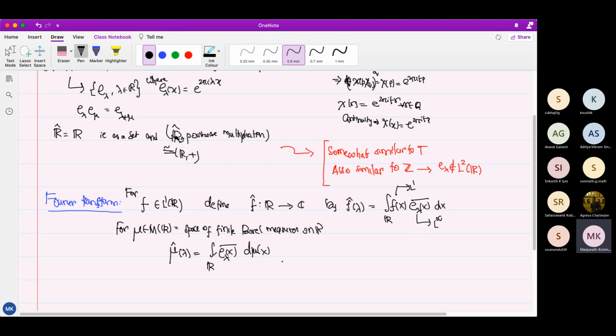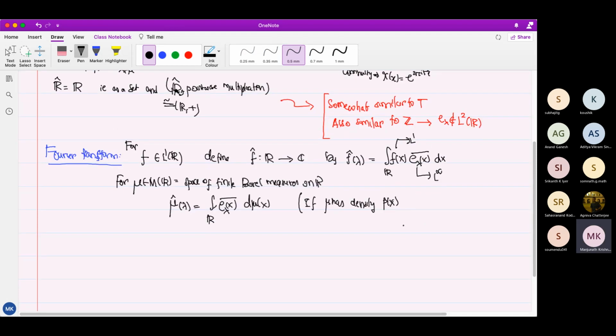In particular, like in the case of the circle, if mu has a density p of x with respect to Lebesgue measure, then mu hat and p hat are the same thing.